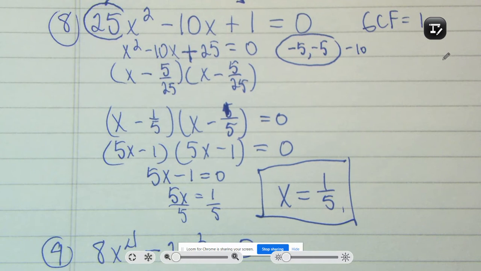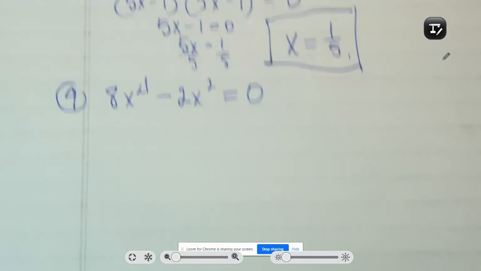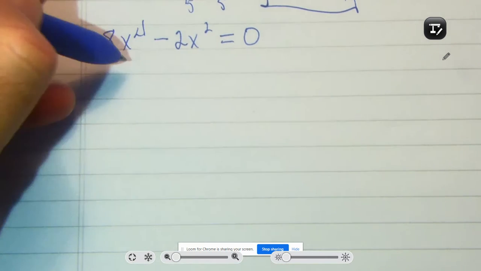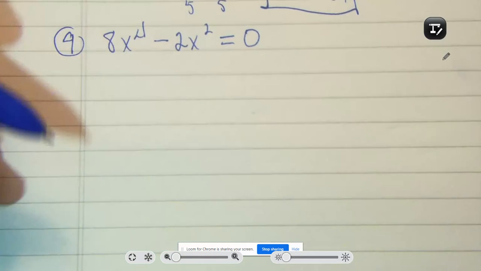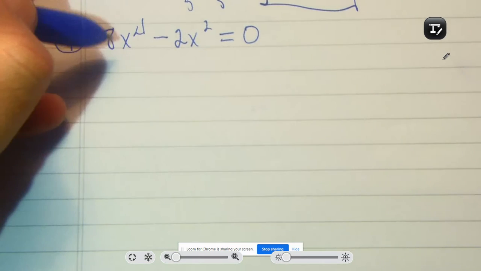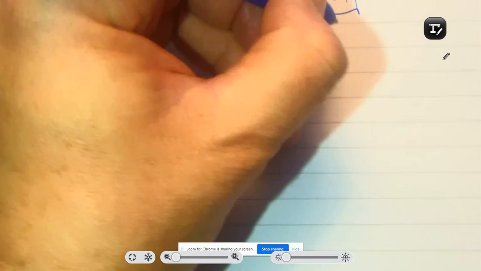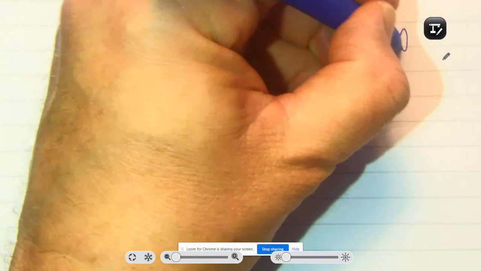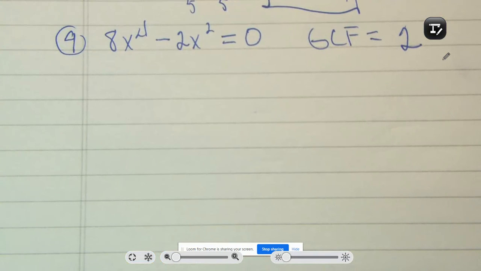Now look at number 9. Remember, I said it's important to always check for the GCF. Here I've got x to the 4th power and x squared. And I've got a 2. So immediately, because they're both even numbers, I know the GCF has got to be at least 2.